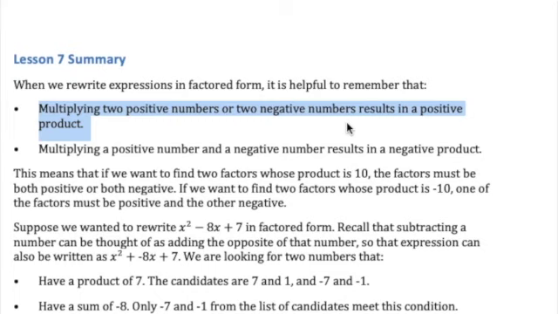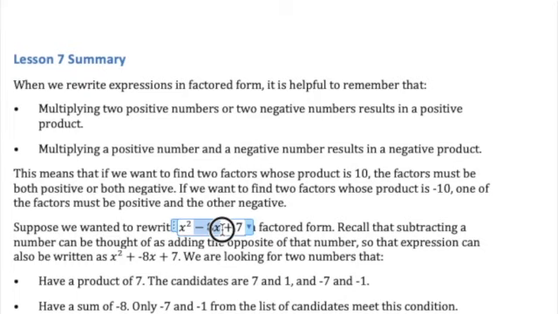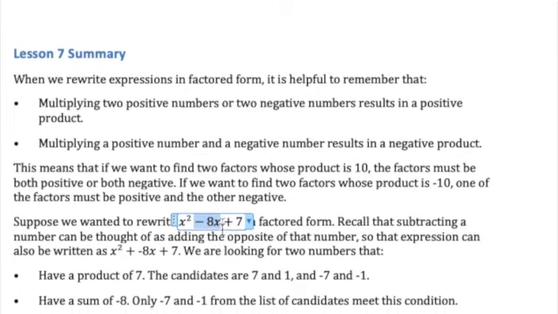So like previously, if the last term is positive, we need two positives or two negatives. But if we have a negative product or a negative constant term, we'll need a positive and a negative root. And it'll change how we pick our numbers based on that.